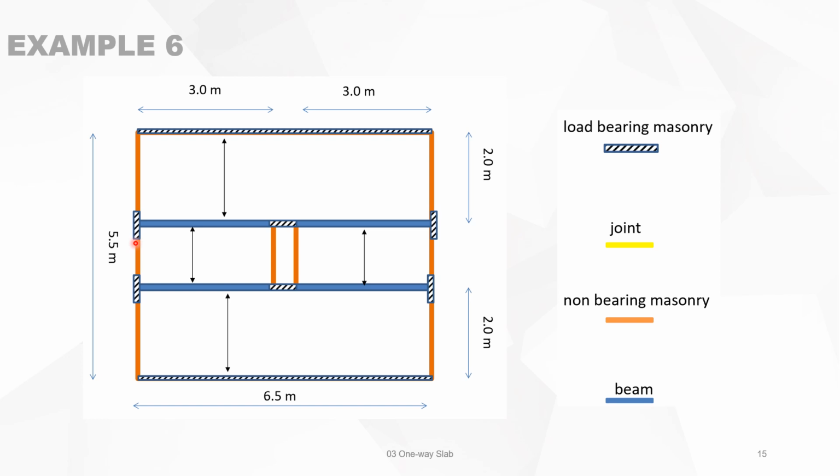You have here small bearing masonries or small beams. It can also be a small beam, but it will be small. It will be load-bearing masonry, where you put the beams on top of it to support. And then you see you can divide the whole area into one-way slabs. This type of plan is called a load-bearing plan.